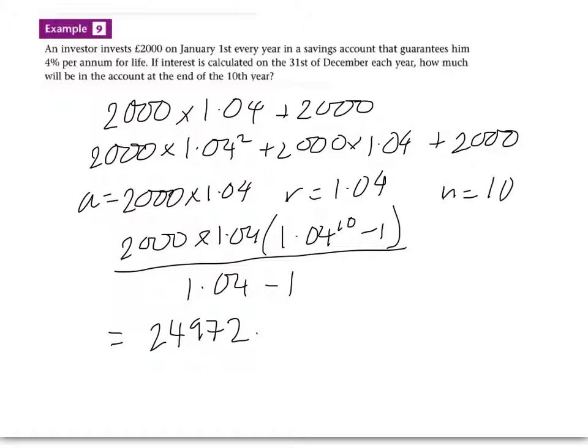So, as ever with money, we're going to round this to 2 decimal places. So it becomes £24,972.70.